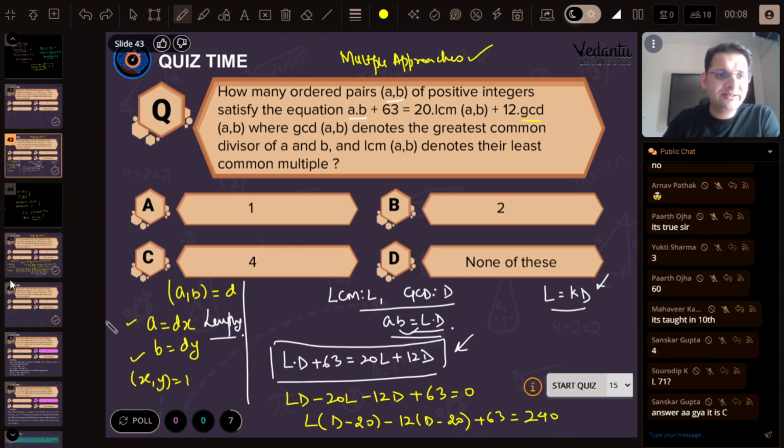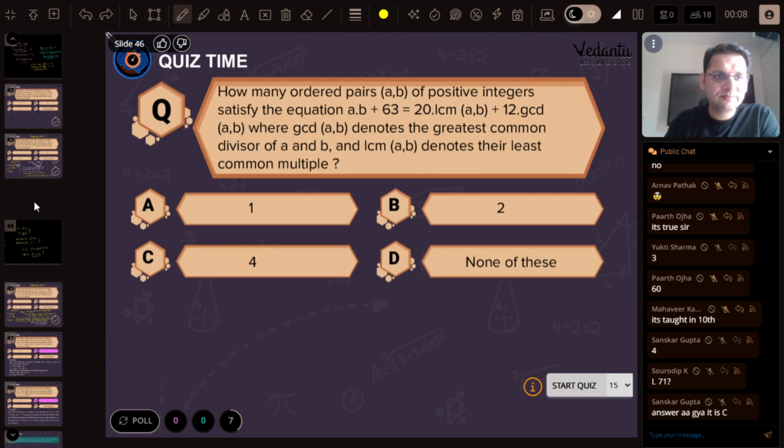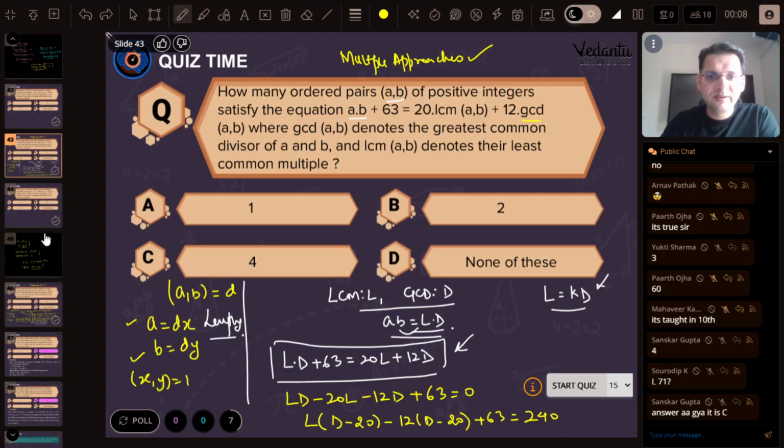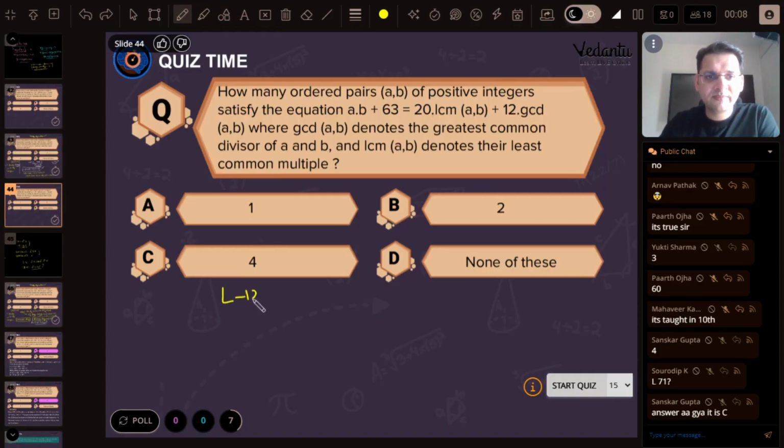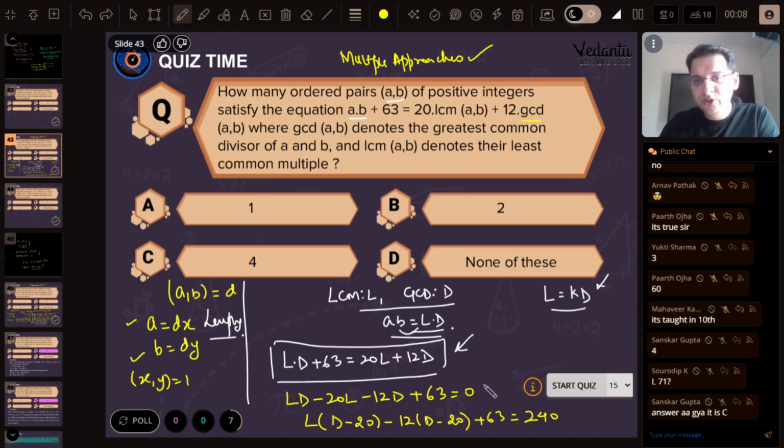So what we have here is L minus 12 into D minus 20 is what? 240 minus 63. What is 240 minus 63? It is 177.